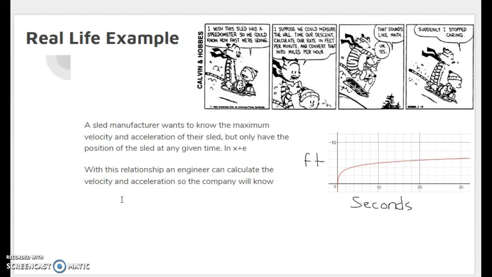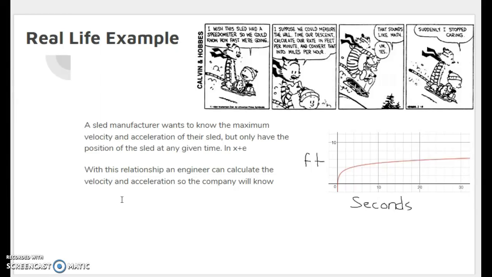An engineer could use this relationship to calculate the velocity and acceleration to help the company out. This isn't limited to sleds. It could also be useful for a car manufacturing business that wants to know the acceleration of their car or the max velocity of their car, so they can advertise this.